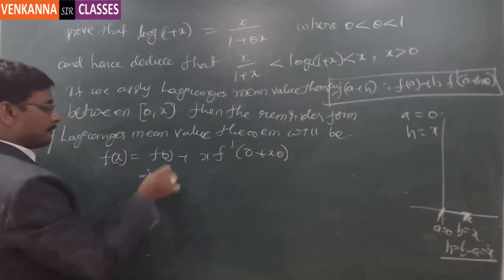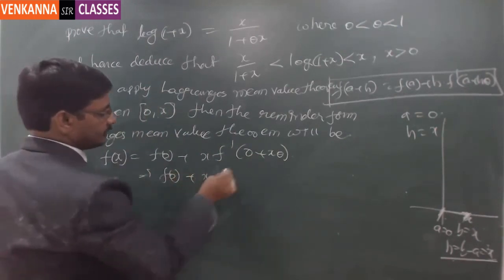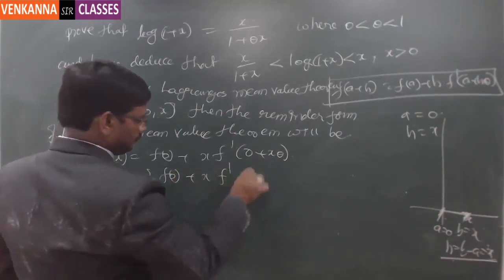And this is f of 0 plus x into f dash of x theta.